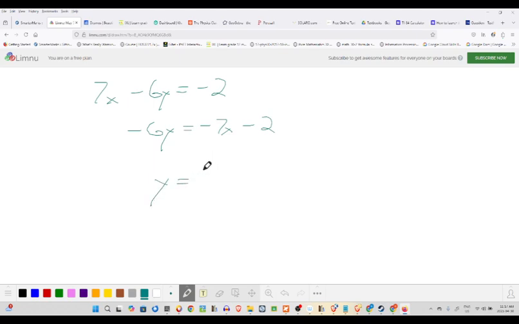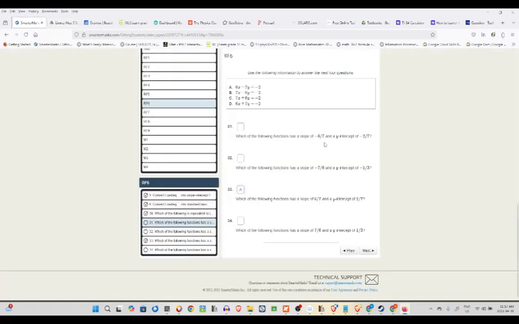Y is 7 over 6x, dividing both sides by negative 6. And negative 2 divided by negative 6 works out to a positive 1 over 3. So this one was B. So we have a positive 7 over 6 and an intercept of 1/3. That's B.